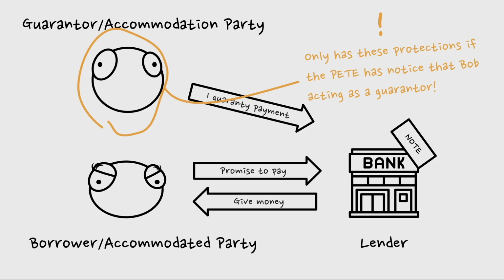And the most obvious way is if it's clearly denoted on the note itself that that's his capacity. If it's clear from the beginning, then they have notice. But unless the party that's seeking enforcement knows that that's the capacity in which he has signed the note, then he cannot avail himself of these defenses or of these grounds for being discharged from the transaction.